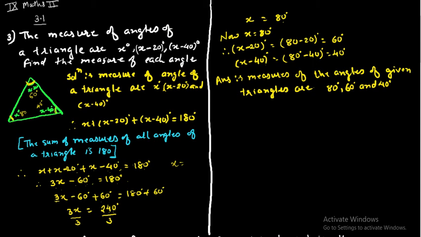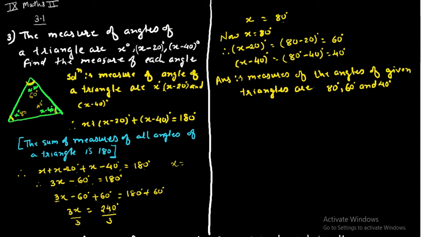As per the given condition, we will draw a rough diagram of the triangle, whose one angle is x degree, another angle is x minus 20 degree, and the third one is x minus 40 degree.